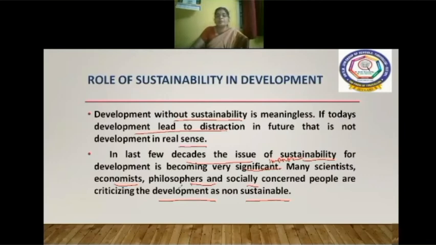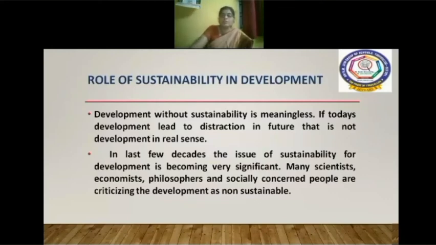Whatever the developed countries have done has caused massive destruction to the environment and for future generations. So they have put a big question mark on sustainability. So it is the overall concern of the world's nations that sustainable development is an important criterion to be followed.